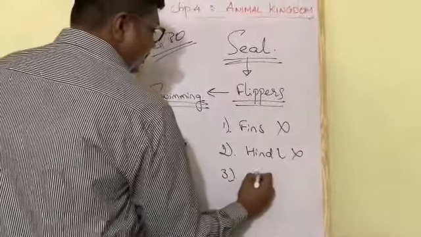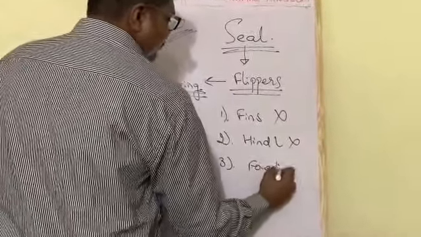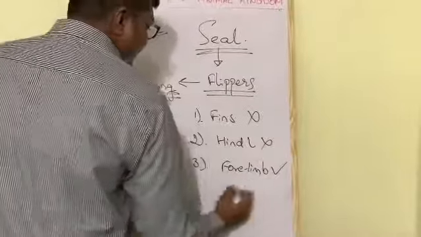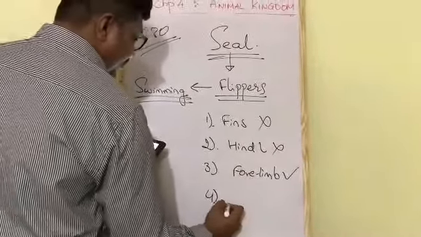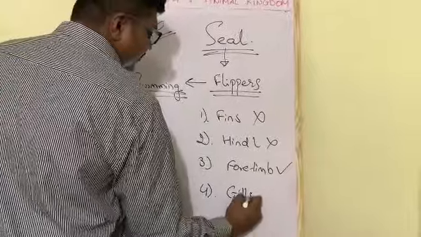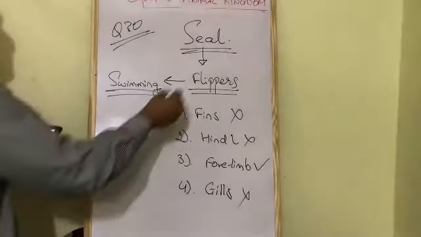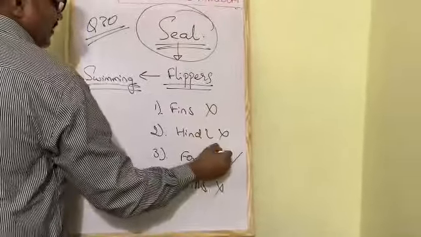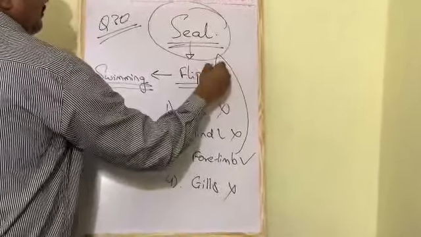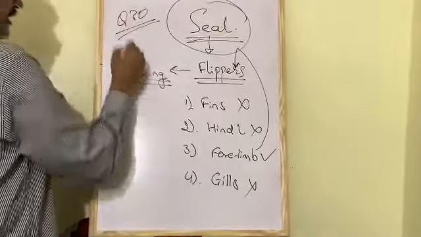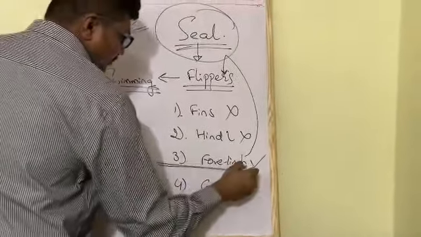Third option, forelimb, which is modified into flippers, which is absolutely true. And the fourth option, gills. Flippers are not the modification of gills. So in seal, flippers are the modification of forelimb. So question number 30, answer is option number 3.